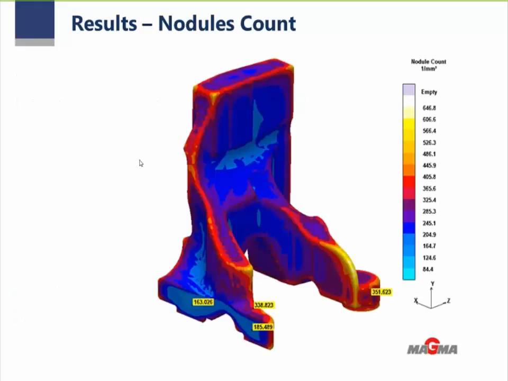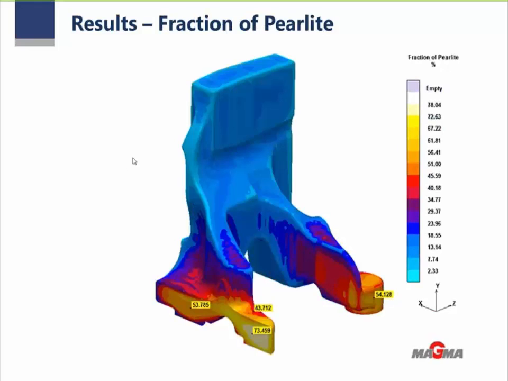So MAGMA, again, here you see important results, for example, nodule count. Here you can also compare the fraction of Pearlite, which is generated from your model. If you have Pearlite or Ferrite, this gives a different material property for your model.